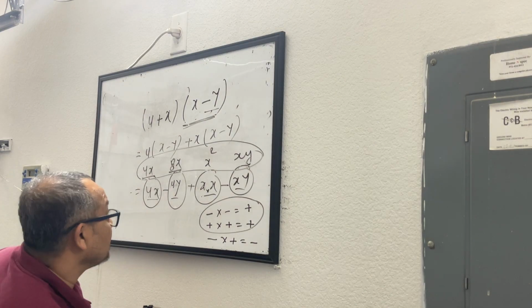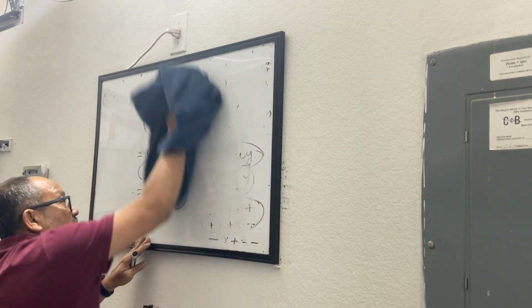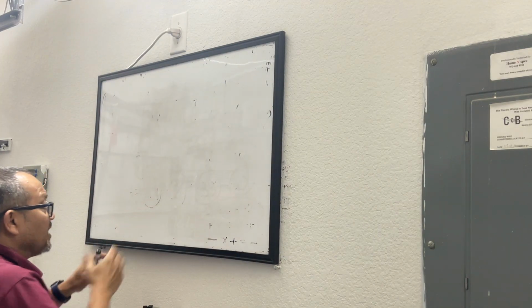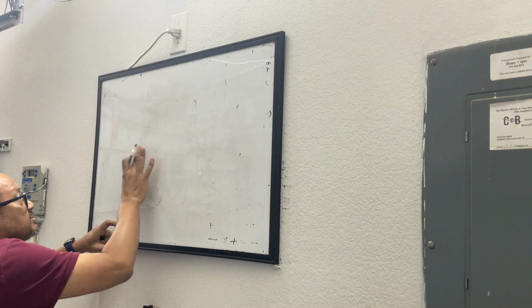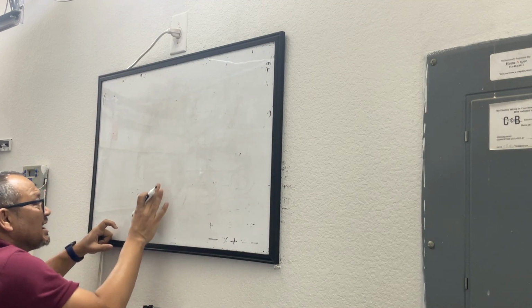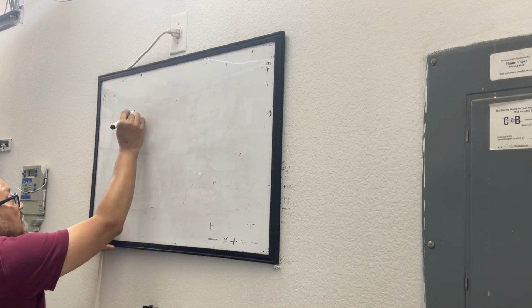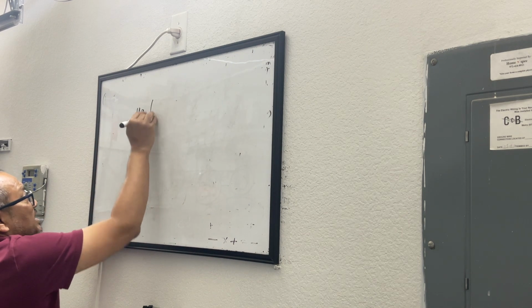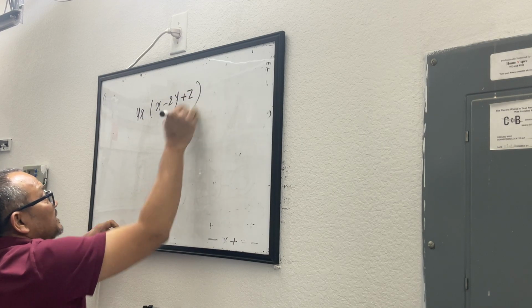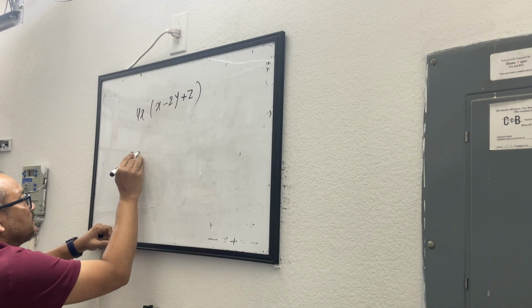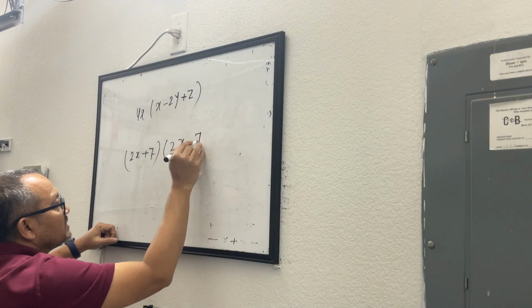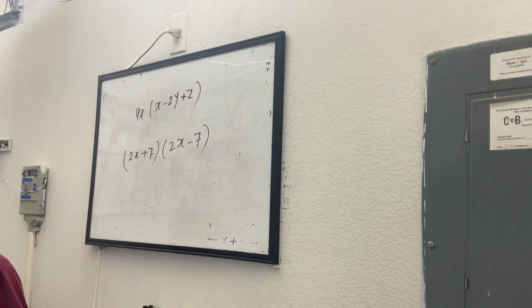Now, time for a little bit of getting hands dirty. I want you guys to solve these two problems real quick, and that is only with the purpose of seeing how we are applying it. 4x into (x minus 2y plus z) and (2x plus 7) into (2x minus 7).